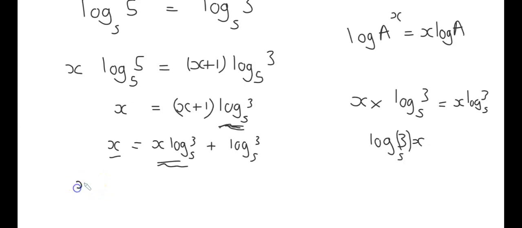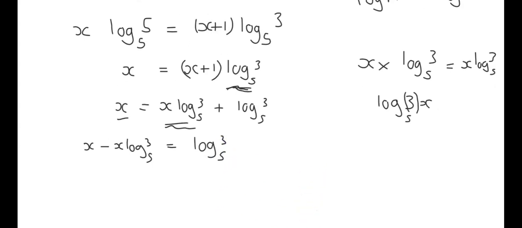So for example, if we did x minus x log 3, 5, and that was equal to log of 3, 5, now we've got both terms containing x on one side and then just the log on the other. Then what we can do is factorize by x. So that will become 1 minus log 3, 5, and that's going to equal log of 3 to base 5.